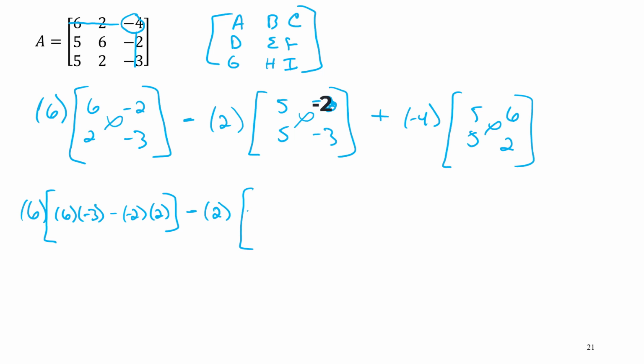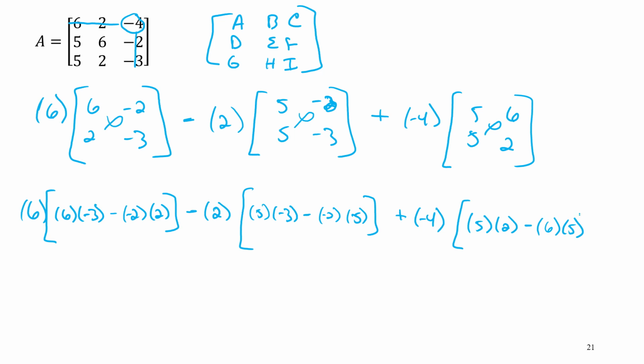For the second one, we would have 5 times 3 minus -2 times 5, plus the -4. In the third one, we would have 5 times 2 minus 6 times 5.